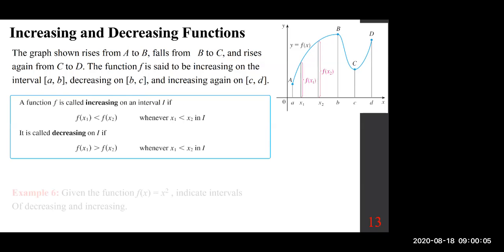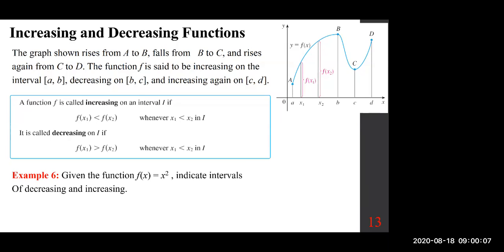And here's an example that we want to answer. Given the function f of x equals x squared, where is the function increasing, decreasing? It's a simple graph. Everybody knows that. I wouldn't worry about that. I'm assuming everybody remembers that. Okay. So with that being the case, you can clearly see where the function is increasing, where the function is decreasing.